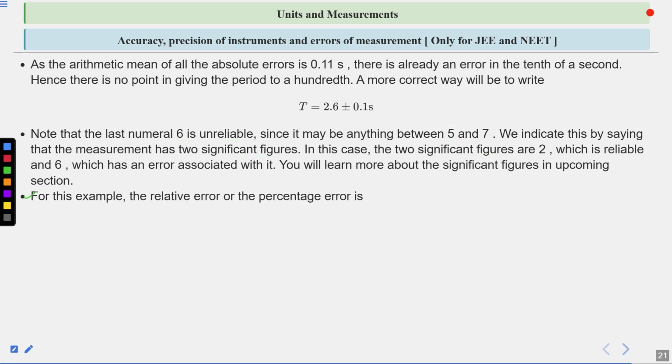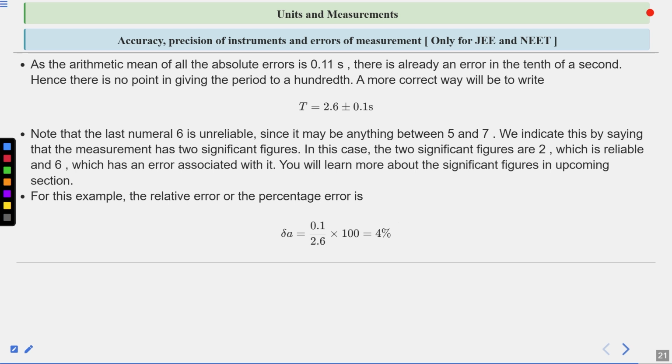For this example, the relative error or percentage error is 0.1 divided by 2.6, into 100%. So you will get the percentage error as 4%. Now it is clear. To calculate the percentage error, first of all you need to find the mean absolute error.